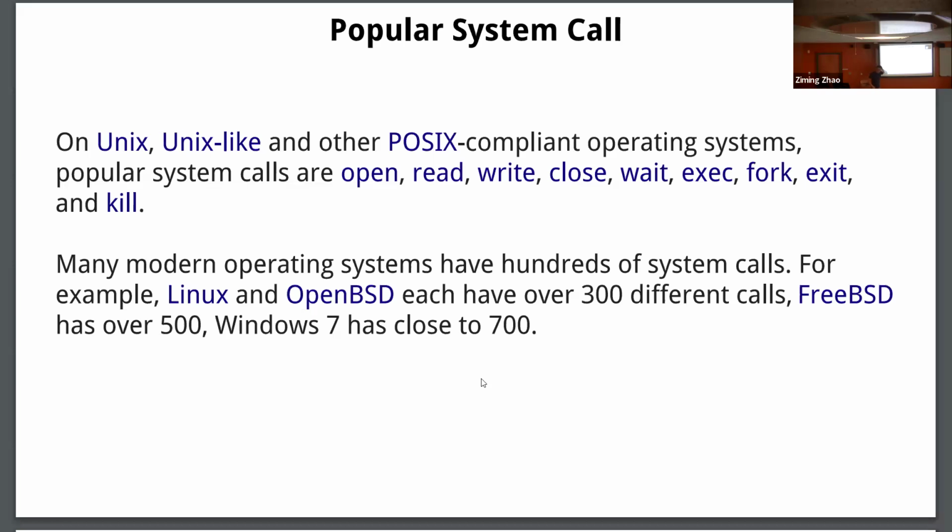So you have been using the C library functions like open, read, write, close, right? Those are C library functions. Those are basically the wrappers of those system calls. Linux probably has more than 300 system calls, maybe even more. Windows 7 has maybe 700 system calls.